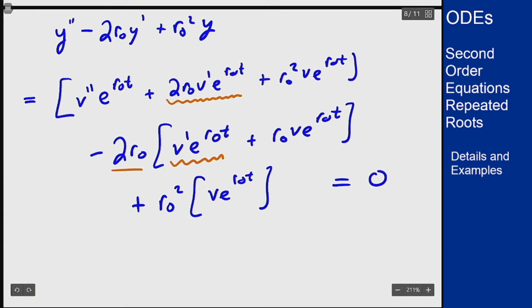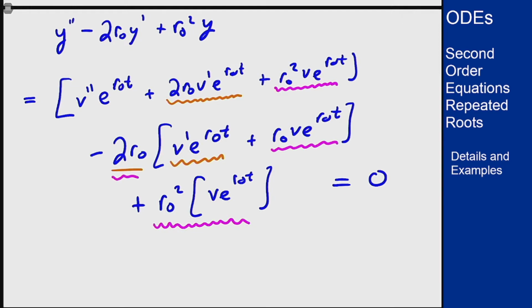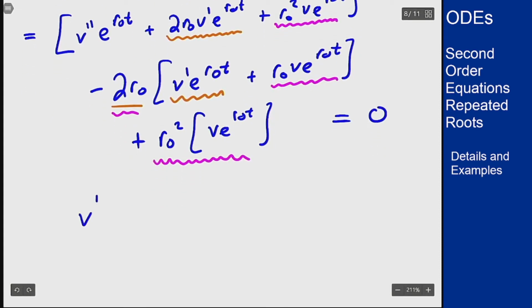I will also have a plus r0 squared v e to the r0t with another plus r0 squared v e to the r0t, and then minus 2 of that same term once I distribute that minus 2r0. So those will also all cancel out, leaving me with exactly one term, v double prime e to the r0t equals 0. And since e to the whatever is never 0, I can get rid of that, and I'm left with just v double prime equals 0.